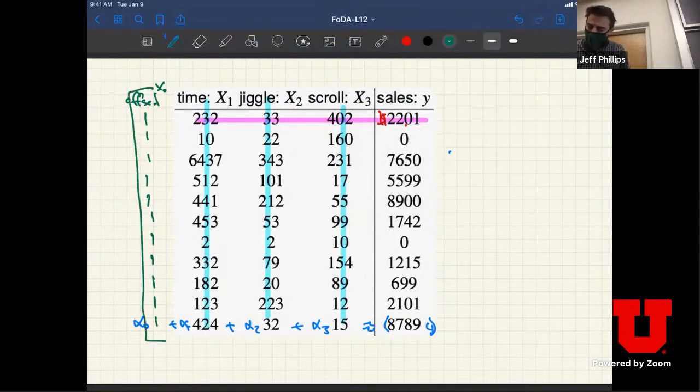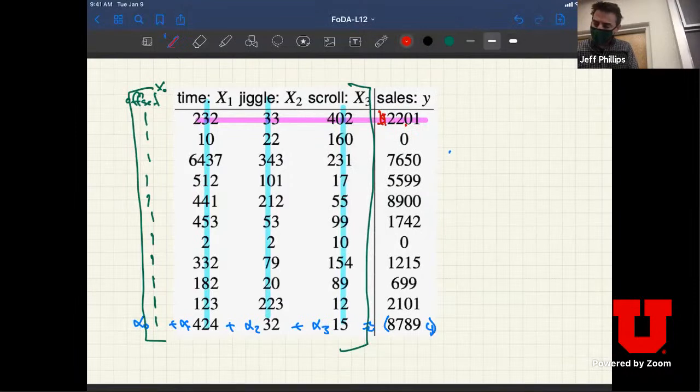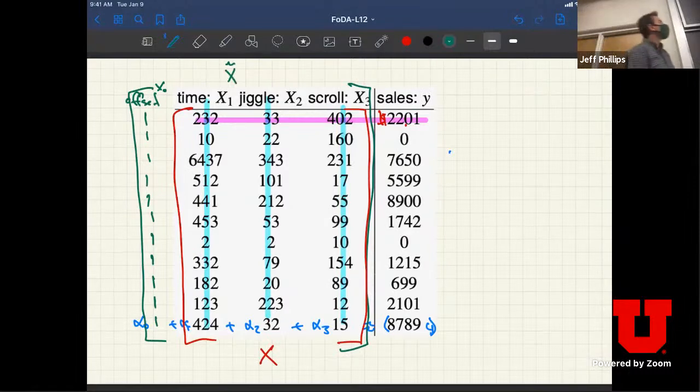In order to do that, I'm going to think of building a matrix. Remember I said the input was an uppercase X, and we try to use uppercase X's as matrices here. So if I go back to here, this is the input matrix I thought of as X. But then I'm going to convert it into this green matrix, which is a bit bigger, and I'm going to call that X tilde.